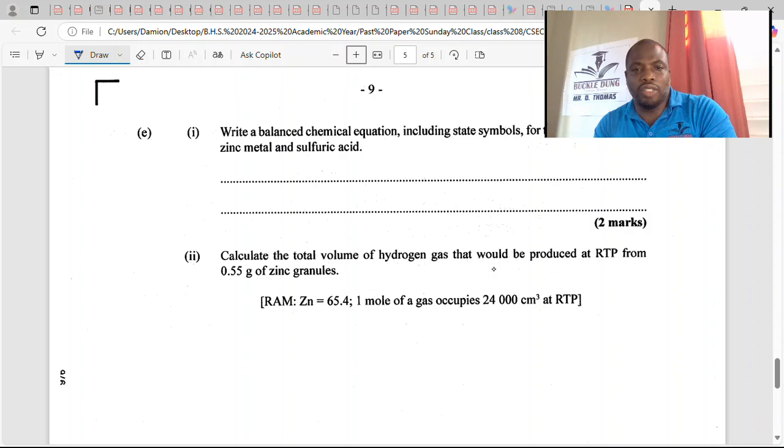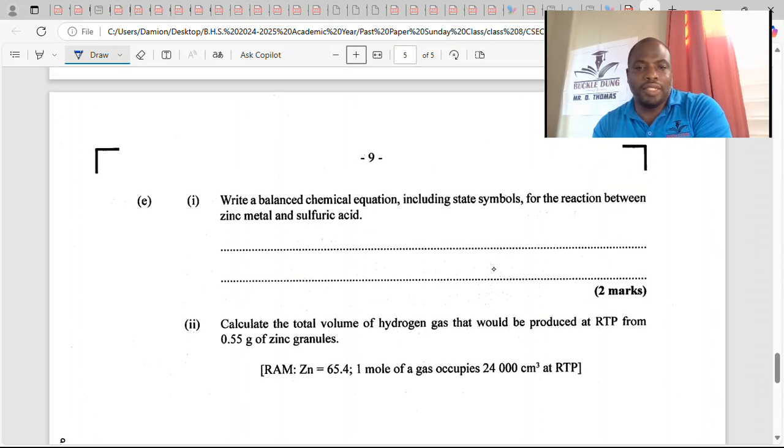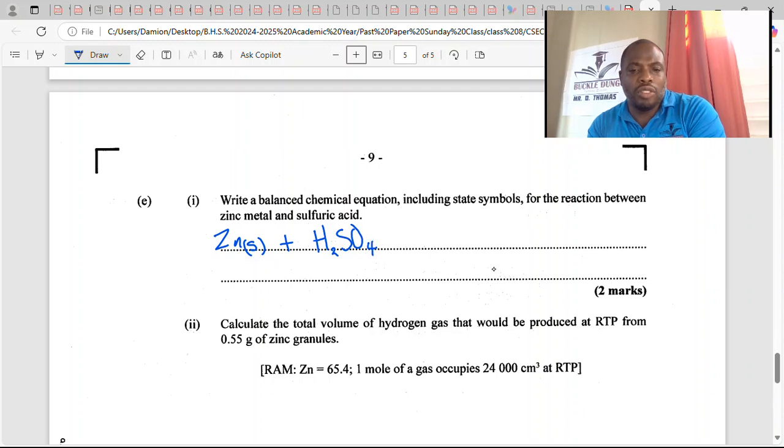Soon finish. Write a balanced chemical equation including state symbols for the reaction between zinc metal and sulfuric acid. Zinc metal, all metals are solid at room temperature, plus sulfuric acid, all acids are... I'm not hearing anybody, shout it out. Aqueous. Thank you.